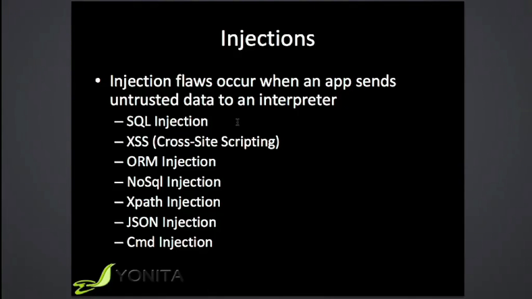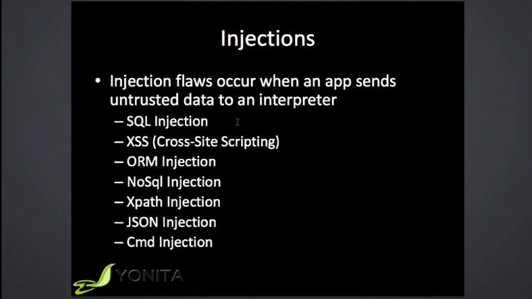And then injection flaws, and as I mentioned before, injection flaws occur when an application sends untrusted data to an interpreter, any kind of interpreter. Usually it's about an SQL interpreter or compiler, but it can also be a JavaScript engine in browsers. That's about cross-site scripting, also a type of injection.